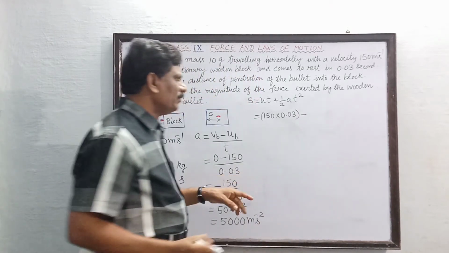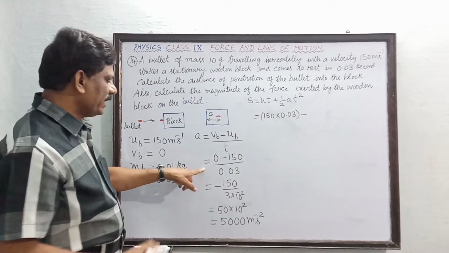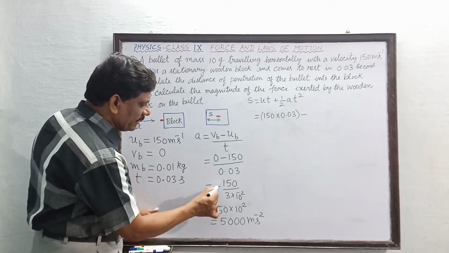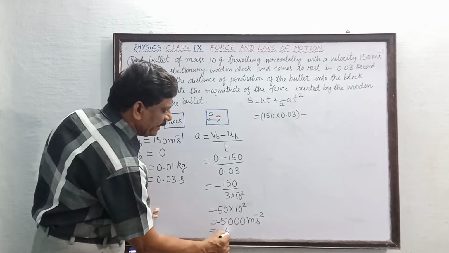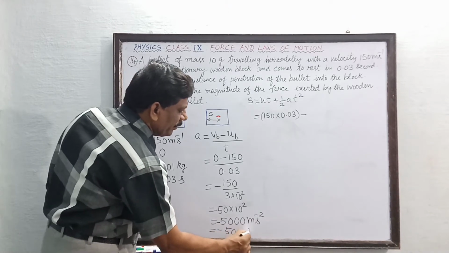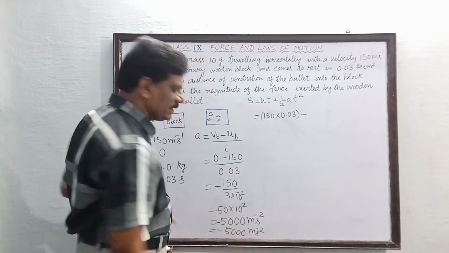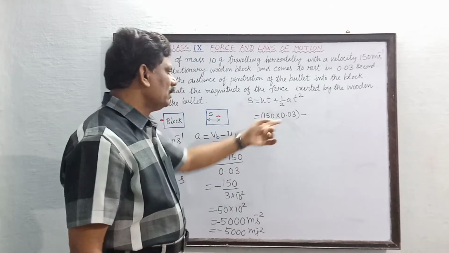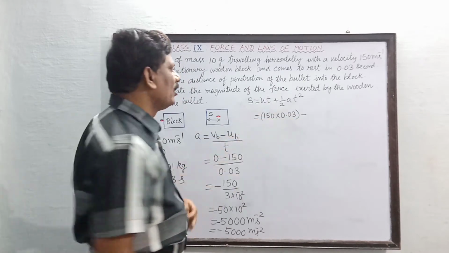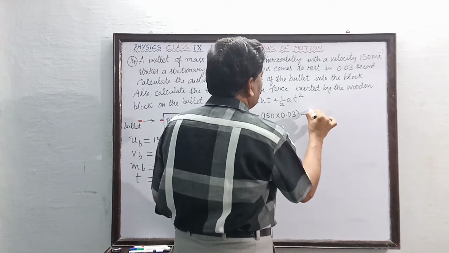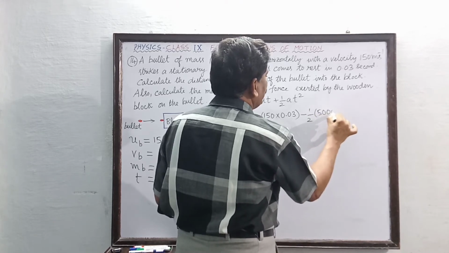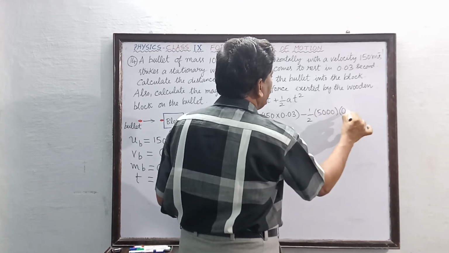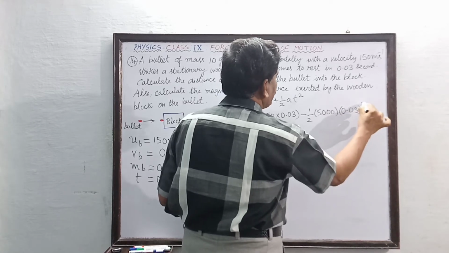Here I will take a minus because the acceleration is minus 5000 meter per second square, since it is a retardation. So this is 1 by 2 into 5000 into 0.03, the whole square.